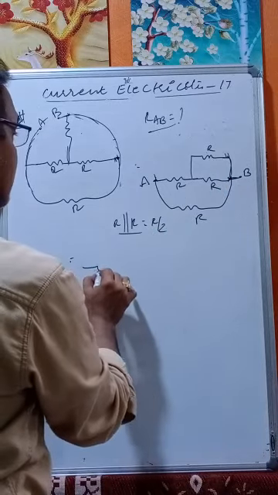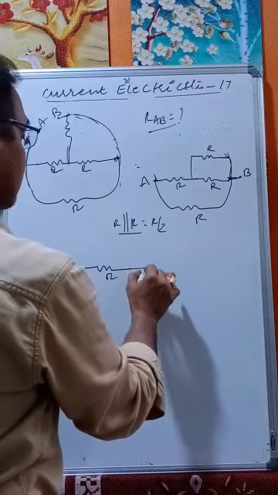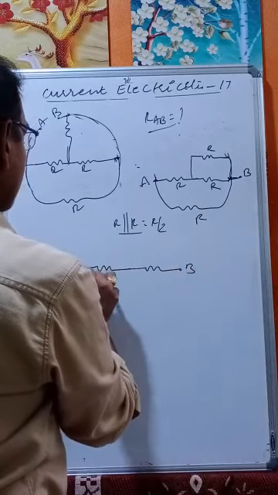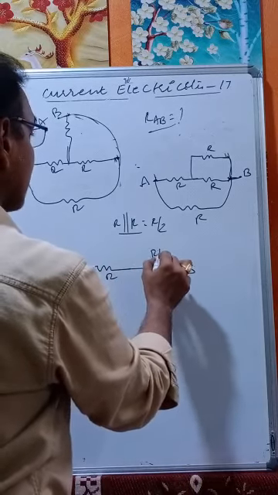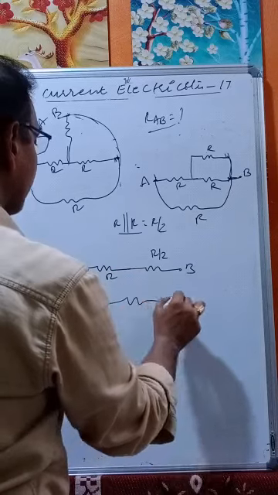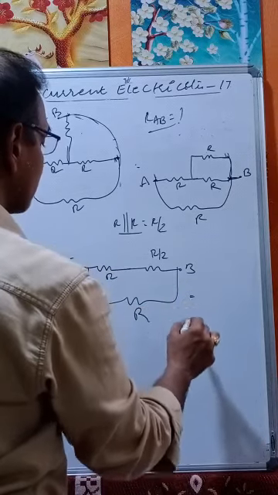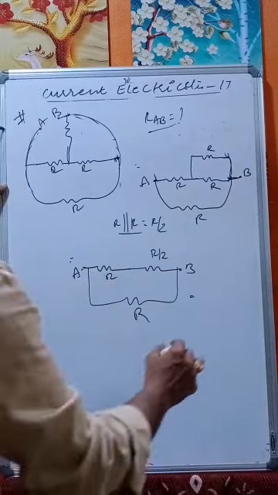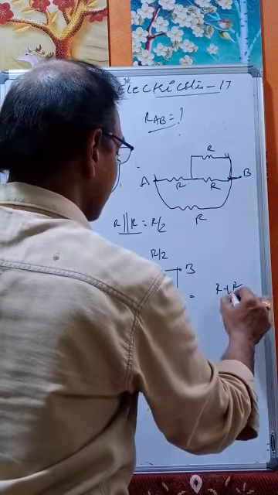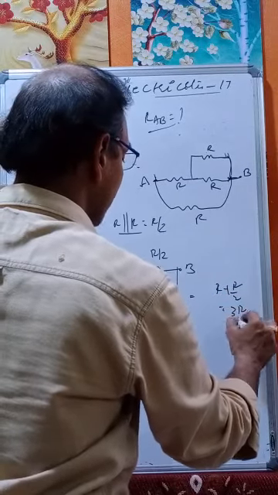This big circuit becomes R, this is B, this is A, this is R by 2 in parallel with R. This is equal to R in series with R by 2, R plus R by 2, that is equal to 3R by 2.